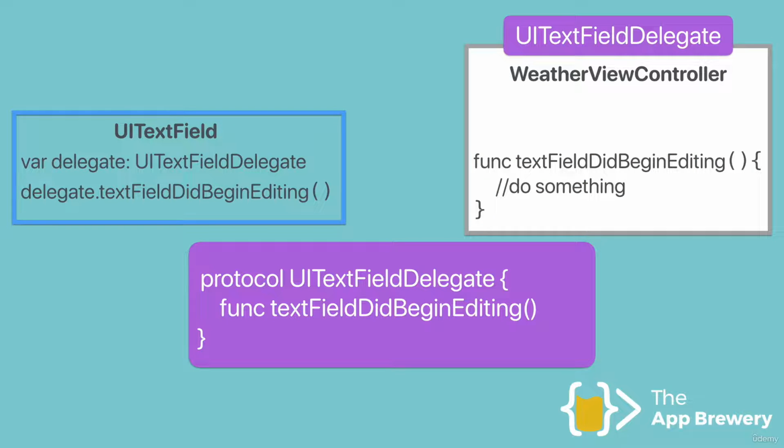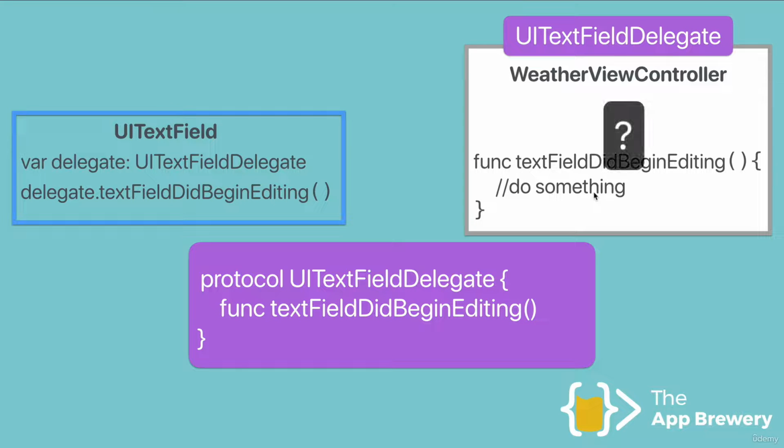So now in our weather view controller, in order to adopt this UI text field delegate, we have to have the required implementation for the textFieldDidBeginEditing. We have to be able to implement this method because some other class is going to trigger it somewhere else. Now, there's just one final piece of the puzzle.